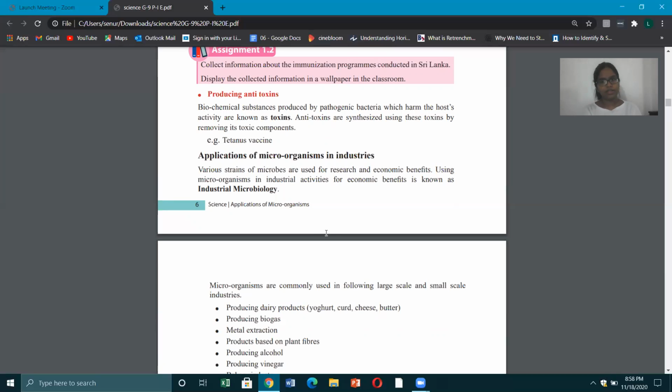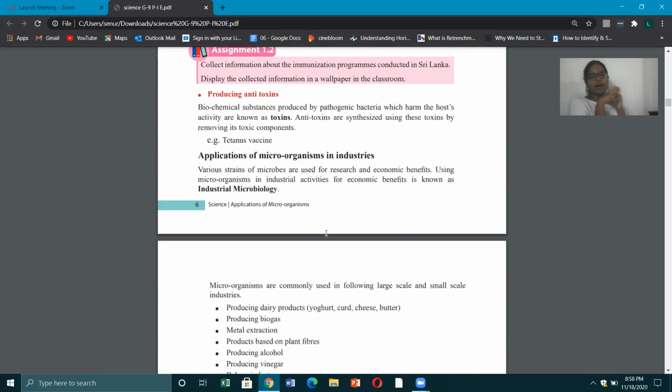The host is the person who has the disease. Imagine I get a bacterial infection: I'm the host, my body is the host. And just imagine there is a bacteria here. This bacteria is the pathogen, the bacteria that spreads the disease. And I'm the host.